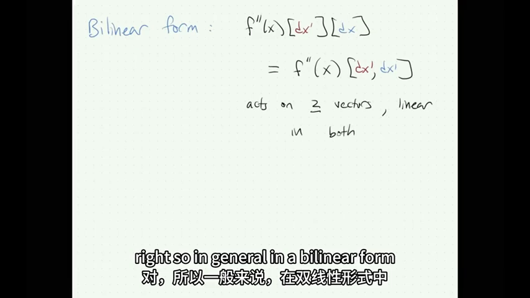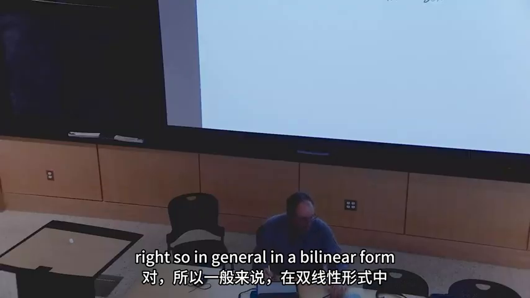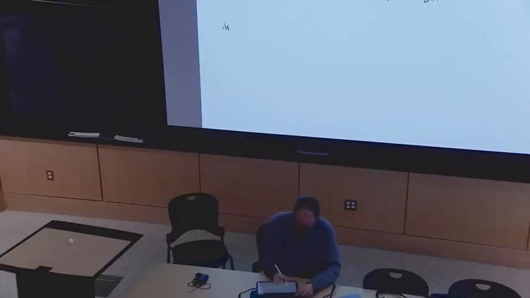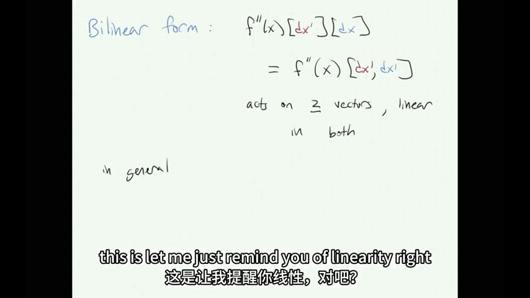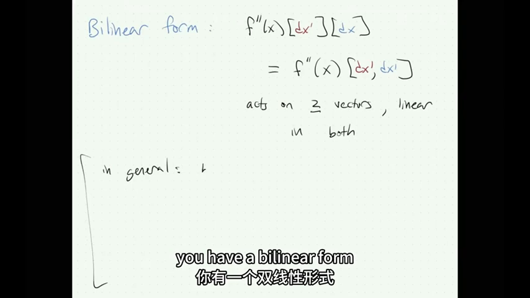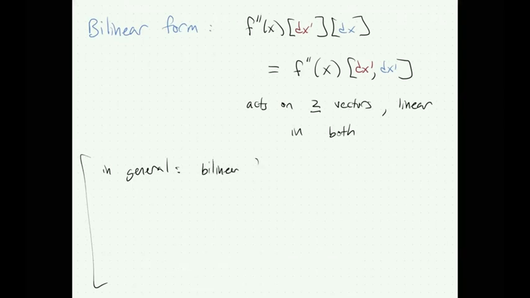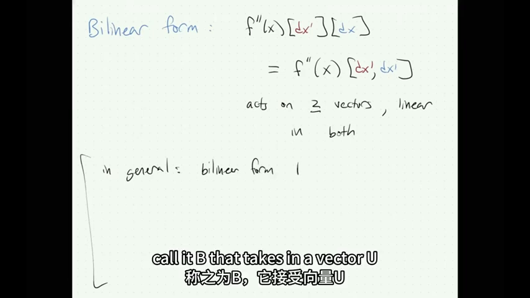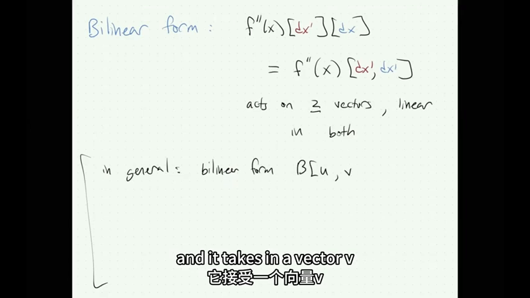Right? So in general, a bilinear form. Let me just remind you of linearity. You have a bilinear form, call it B, that takes in a vector u and a vector v.